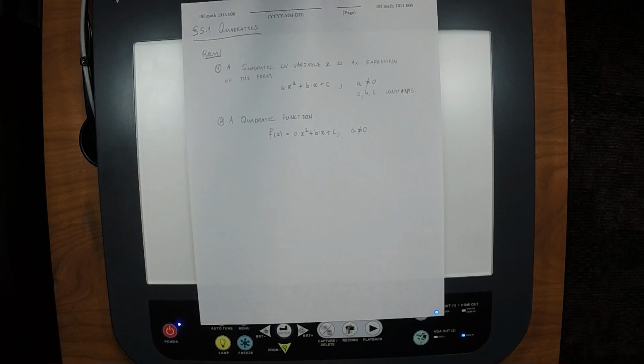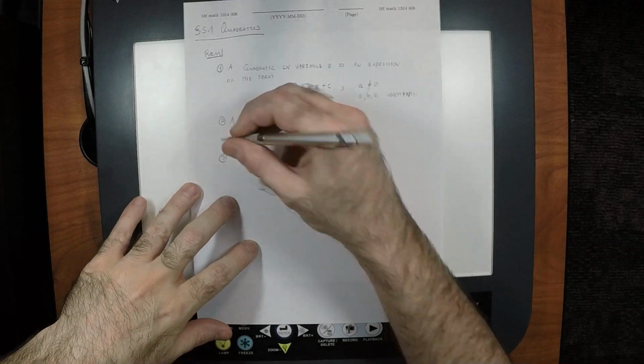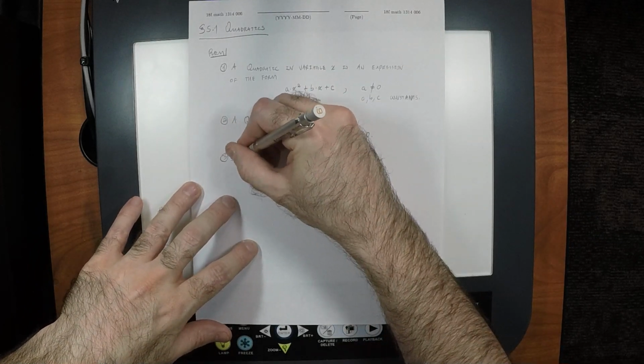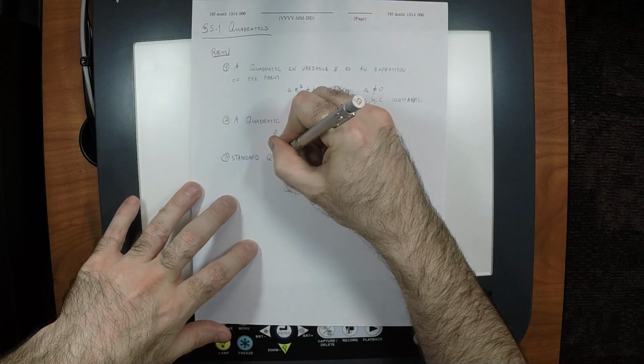And again, a, b, and c are constants. The standard quadratic.